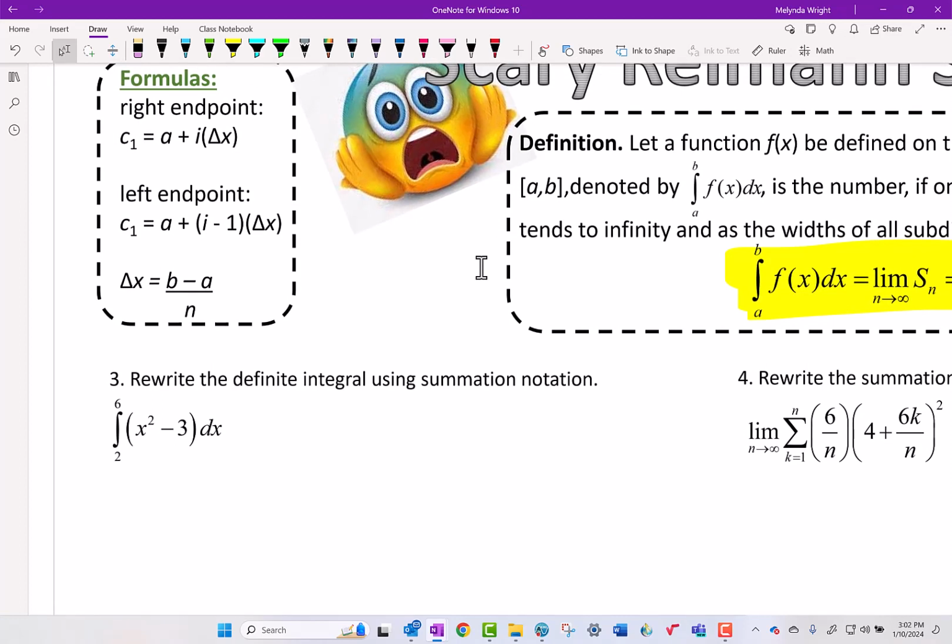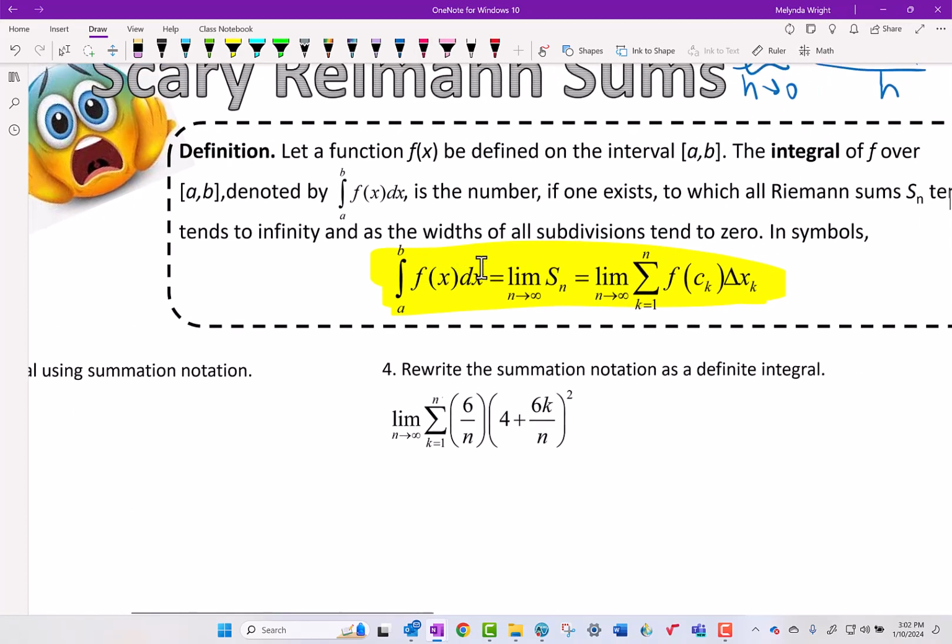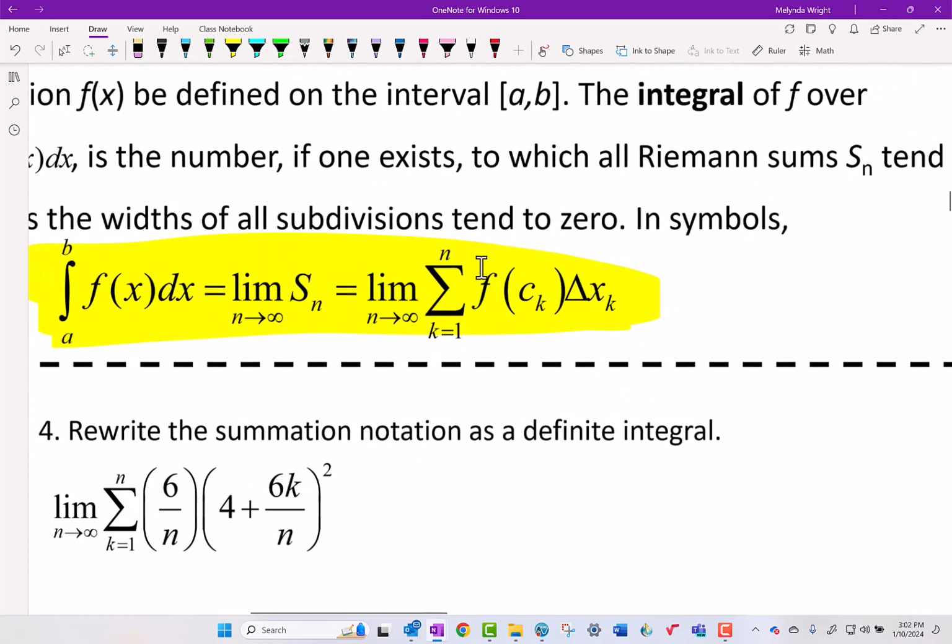So, I'm going to write this like the crazy limit thing. That's my first task. First of all, I want you to look at how this is formed. See how I have the limit, I have that summation, I have my function here, and I have my delta x.